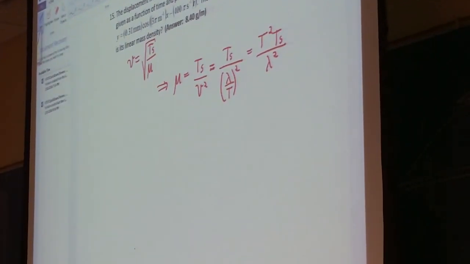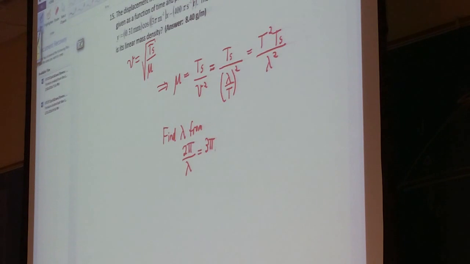So, how are we going to find lambda? Well, I guess we already did this once, didn't we? Does anybody remember how we did it all those minutes ago? Okay, right, the coefficient of the x is always equal to 2 pi over lambda.